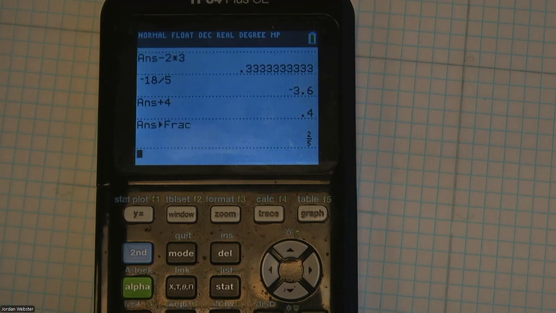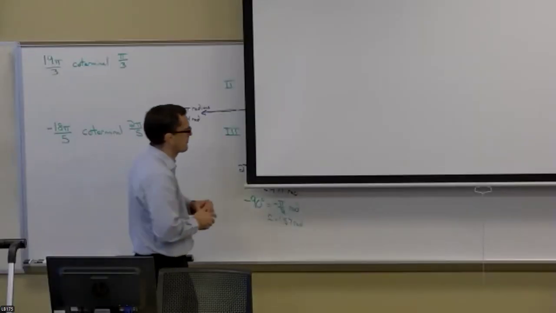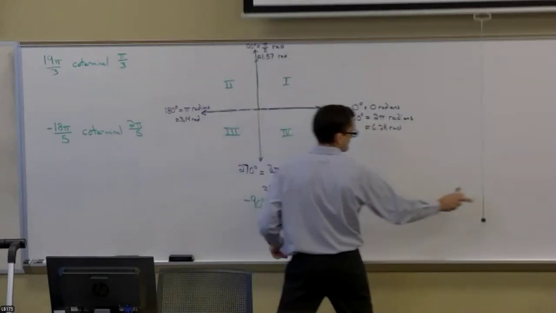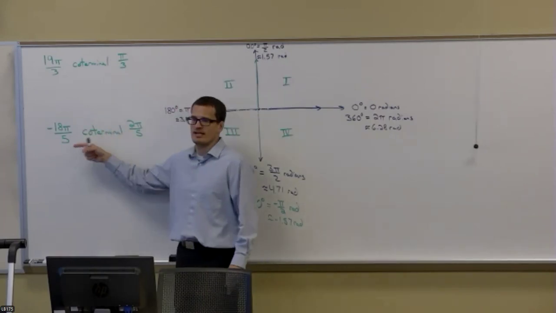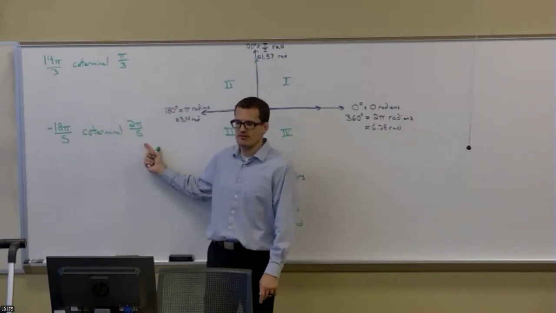Or if you wanted to write that as a fraction, that's 2 pi over 5 as a coterminal angle. So just by adding 2 pi over and over and over again, you get to 2 pi over 5.